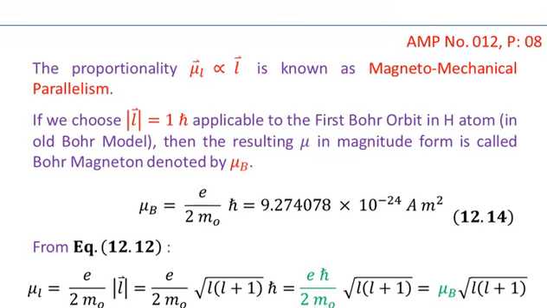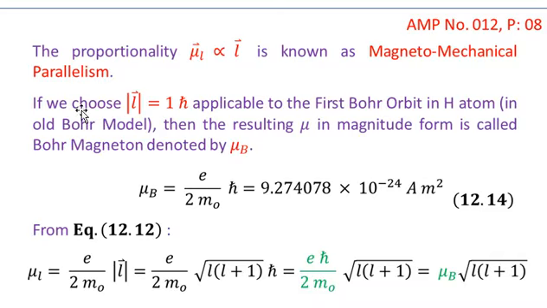Now we are going to define another quantity, but for that we choose that the magnitude of the orbital angular momentum is equal to 1 h bar. While discussing the Bohr theory, we stated that the angular momentum will take only values which are integral multiples of h bar, given by the principal quantum number.